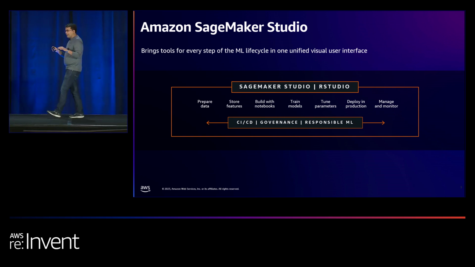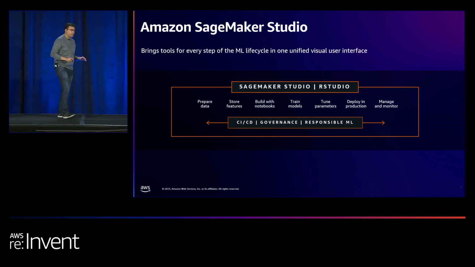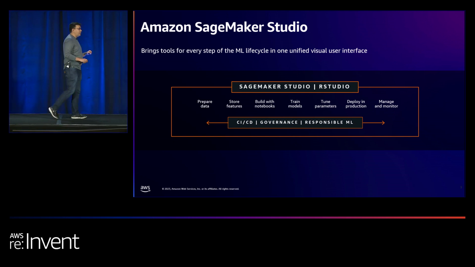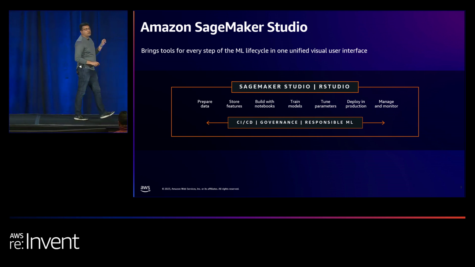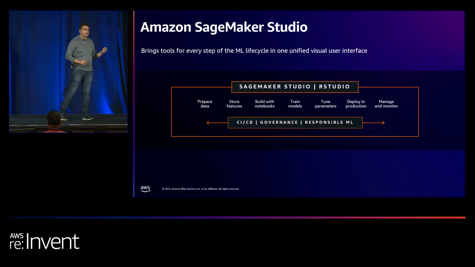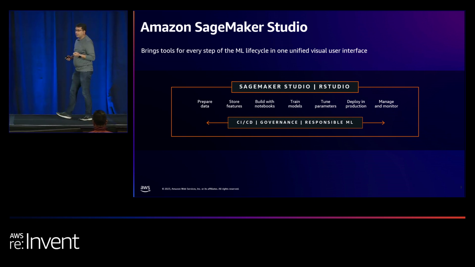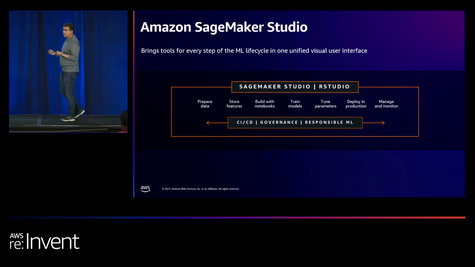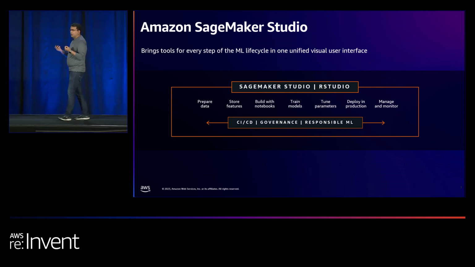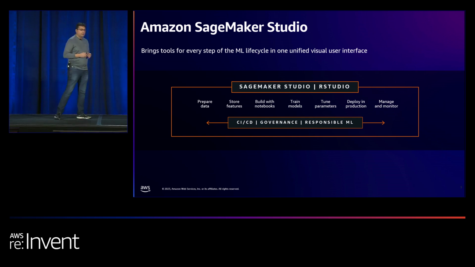It brought together everything that you need for ML into one single unified visual interface, which means you have purpose-built tools for every step of the machine learning workflow accessible within the same visual interface. So tools like data labeling, feature engineering, building models using code editors, and then for tuning, deploying, and managing the end-to-end machine learning workflow, you can find the tools for every step in the same visual interface.